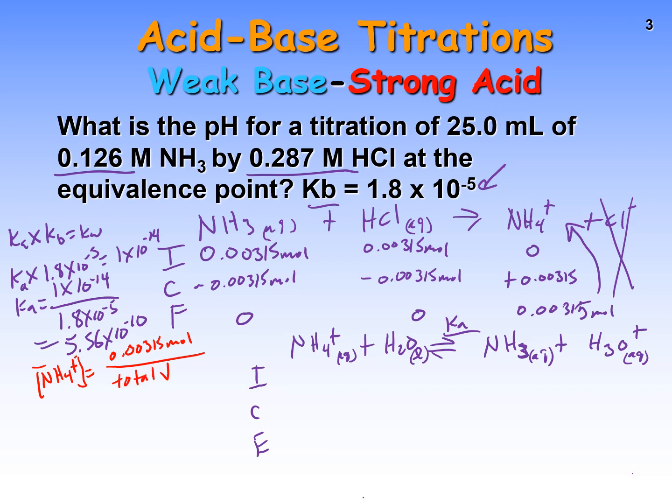But do we know the total volume? We know we have 25 mL of NH3 that was initially present, but then we added a bunch of HCl. We need to figure out what volume was required to reach the equivalence point, right? So I know that I used 0.00315 moles of HCl at the equivalence point, so I can use that value and divide by the 0.287 moles of HCl per 1 liter and get liters, right?